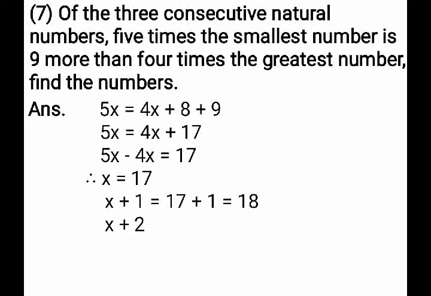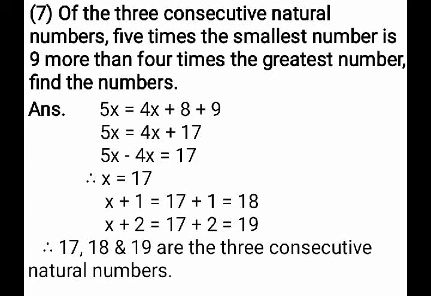That is 17 plus 2 is equal to 19. That is 17, 18, 19 are the three consecutive natural numbers. So final statement you have to write. Therefore 17, 18 and 19 are the three consecutive natural numbers.